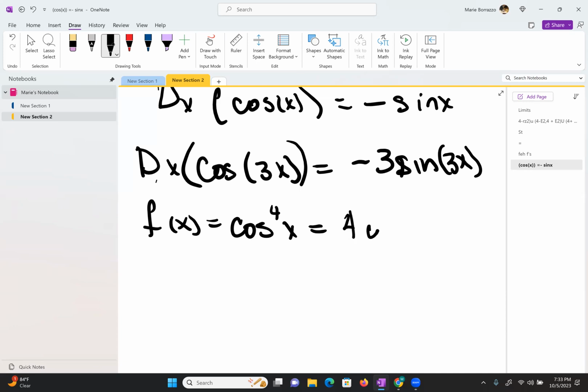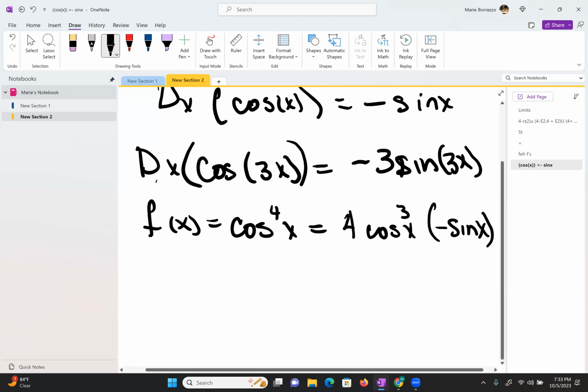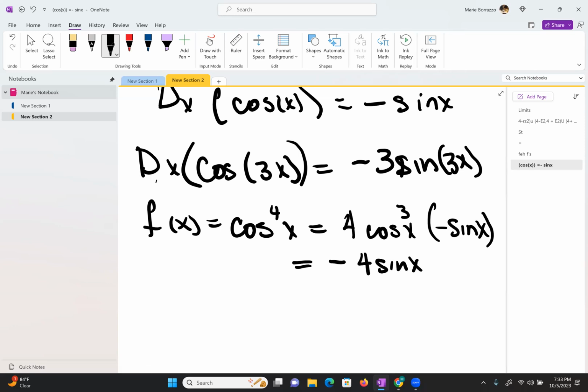So this becomes 4 cosine to the power 3 x, and then times the derivative of cosine, which is negative sine x. My final answer, putting this all together, would be -4 sine x cosine to the power 3 x. So you need to take a few steps on that one.